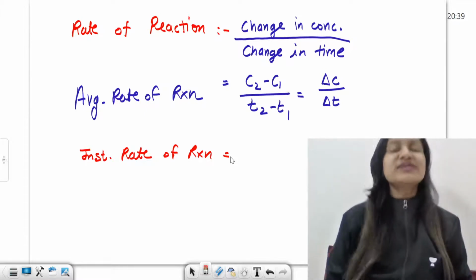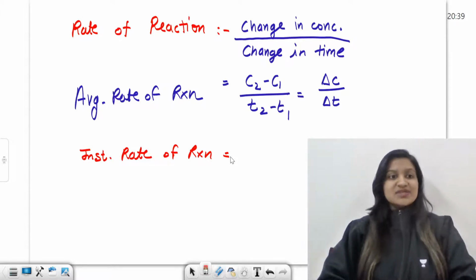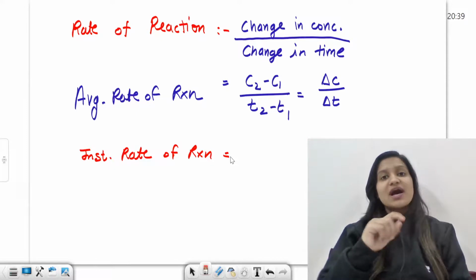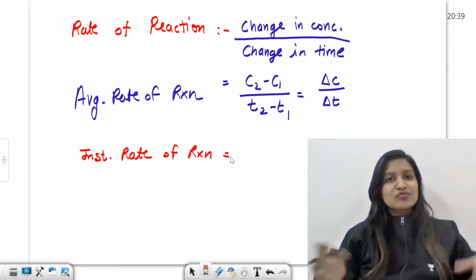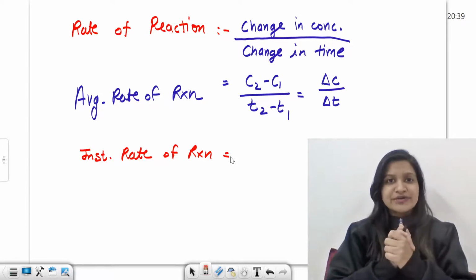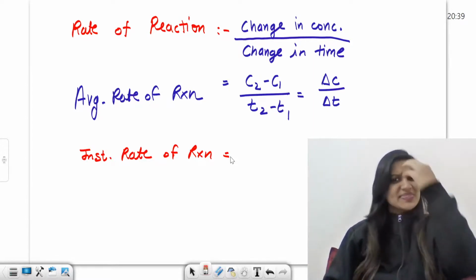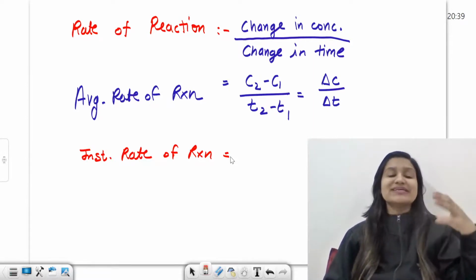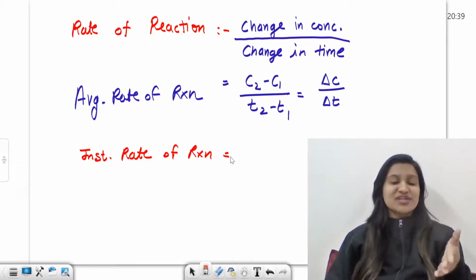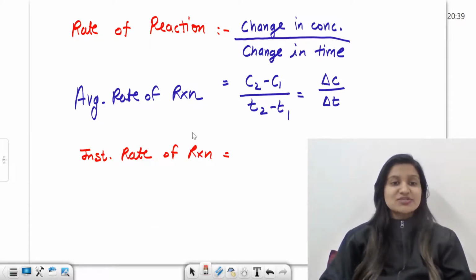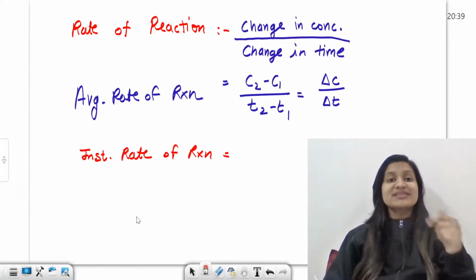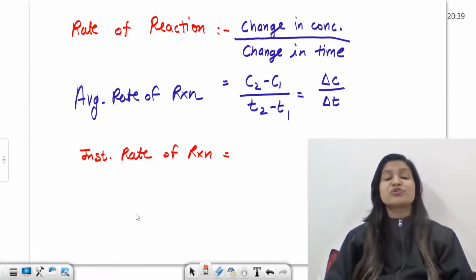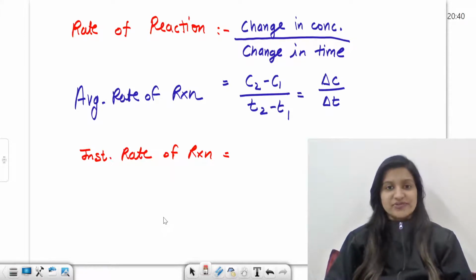The speedometer of the car shows deflection instantly the moment you accelerate your vehicle. That's your instantaneous speed at that particular moment. Similarly, this is your instantaneous rate of reaction. It means in that particular moment, what will be the rate of reaction?